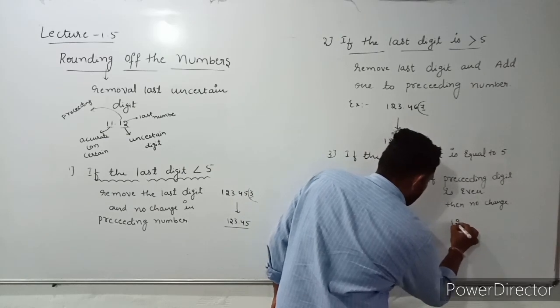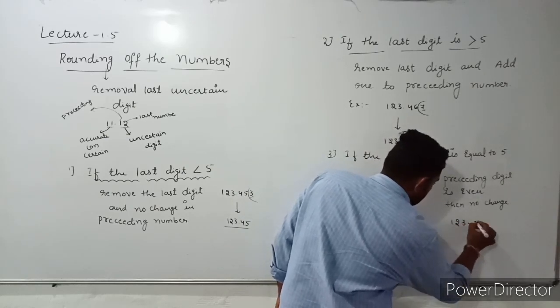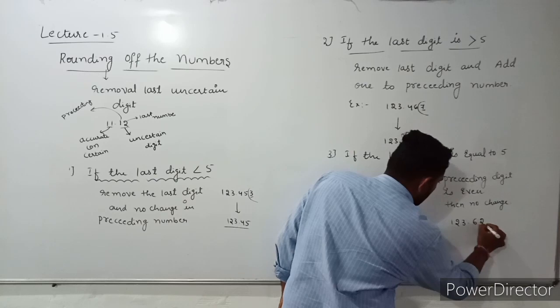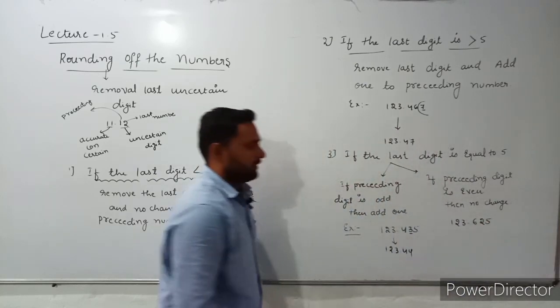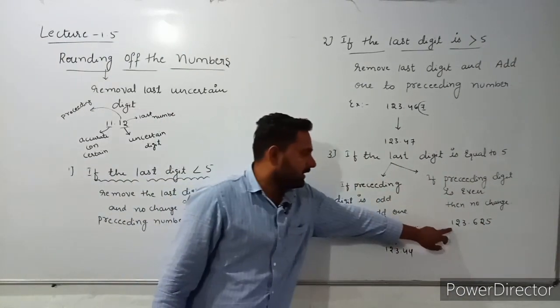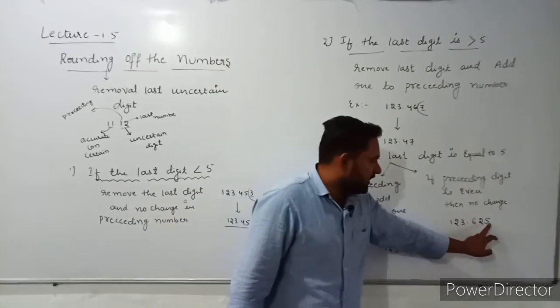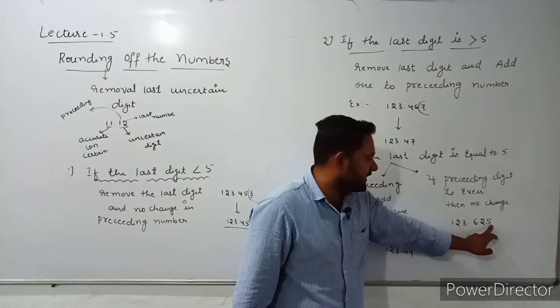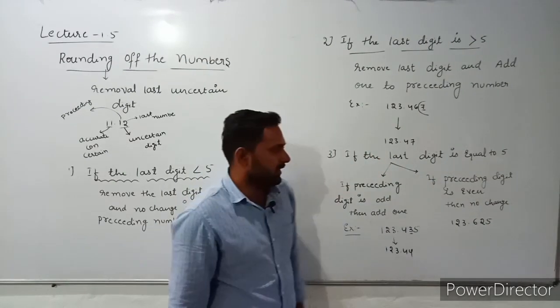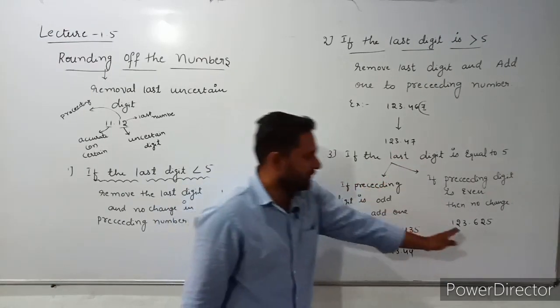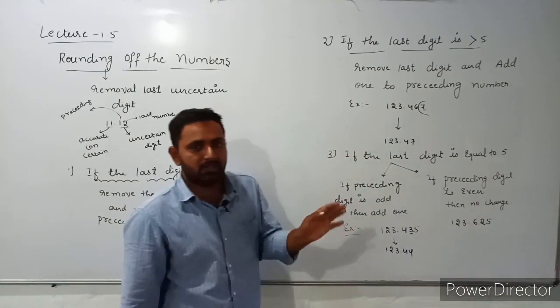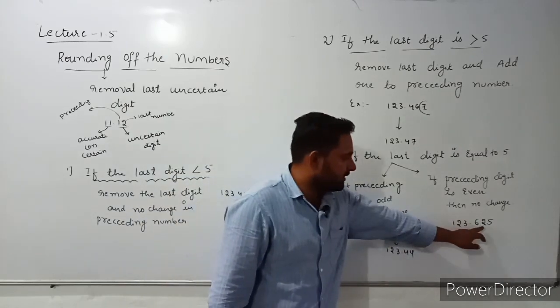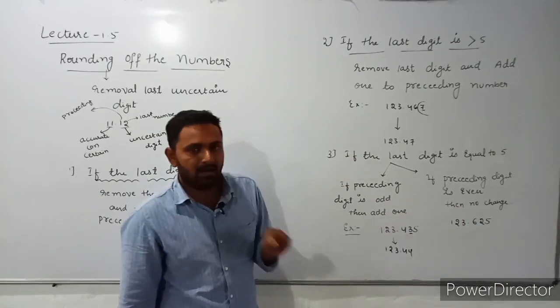Another example. 123.625. Now round off this number. In this case, the last digit is equal to 5. Then remove the last digit, and next you check whether the preceding number is even or odd.